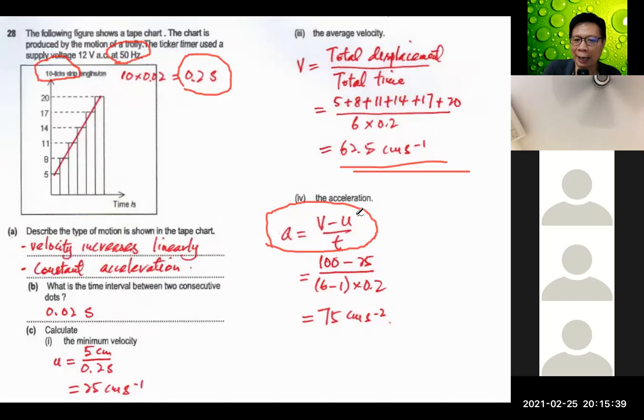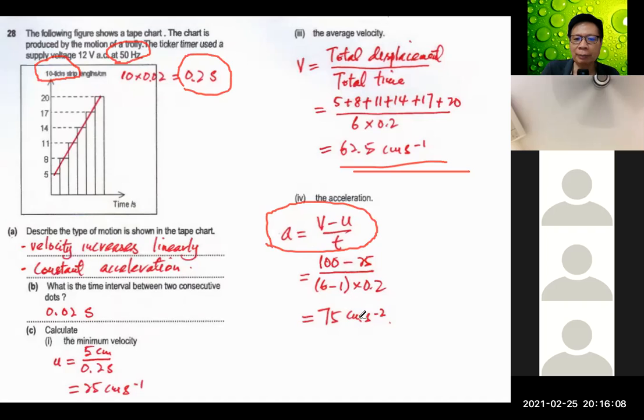So you need to minus 1 because this is the time between 2 points. So there are 6 strips here: 1, 2, 3, 4, 5, 6. So you minus 1. So you have 5 only. Time 0.2 because one strip here, the time is 0.2 seconds. Now you calculate, you get the answer 75.